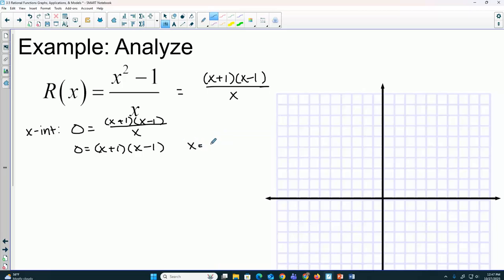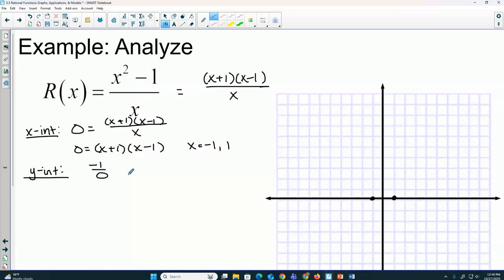What's my x equal? 0 is equal to x plus 1 times x minus 1. You set each of those to 0. So I hit the x-axis at -1 and positive 1. How do we find the y-intercept? Does it matter if I do the original or my factored one? No. So if I put it in the original, 0 minus 1 is -1 over 0.